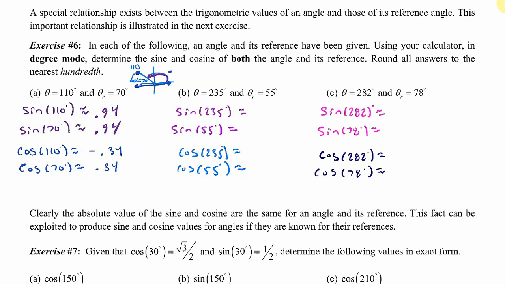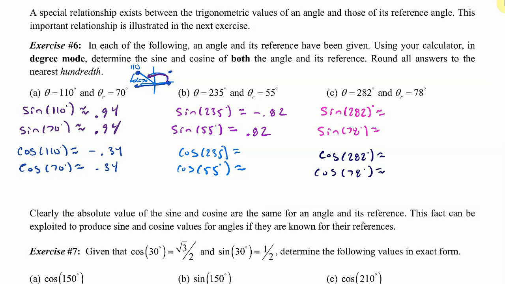So look, sine of 235. What's that? The third quadrant, so I would expect this to be negative, negative 0.82. And I would expect sine of 55 then in the first quadrant to be positive 0.82, but let's see. And sure enough, it is. Okay. Cosine is negative in the third quadrant, so I would expect this to be negative.